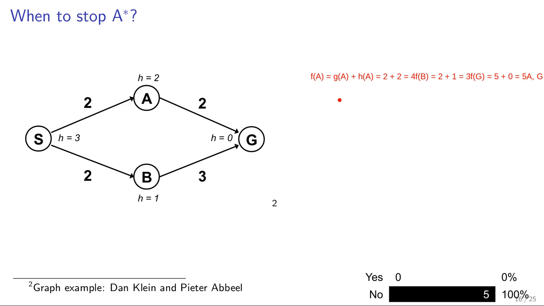I should still, because I have something on the frontier with a 3. So I should first check whether there's something coming out from there. Yes, the heuristic value is given for now, exactly. So I should not stop, but I should pop the 4 here, which is the A, because B is no longer on the frontier.